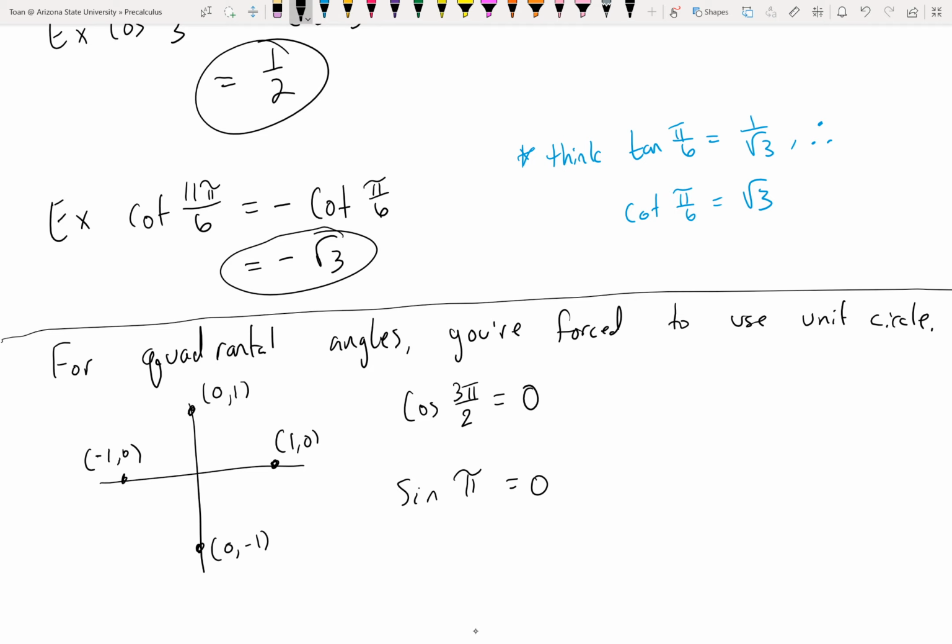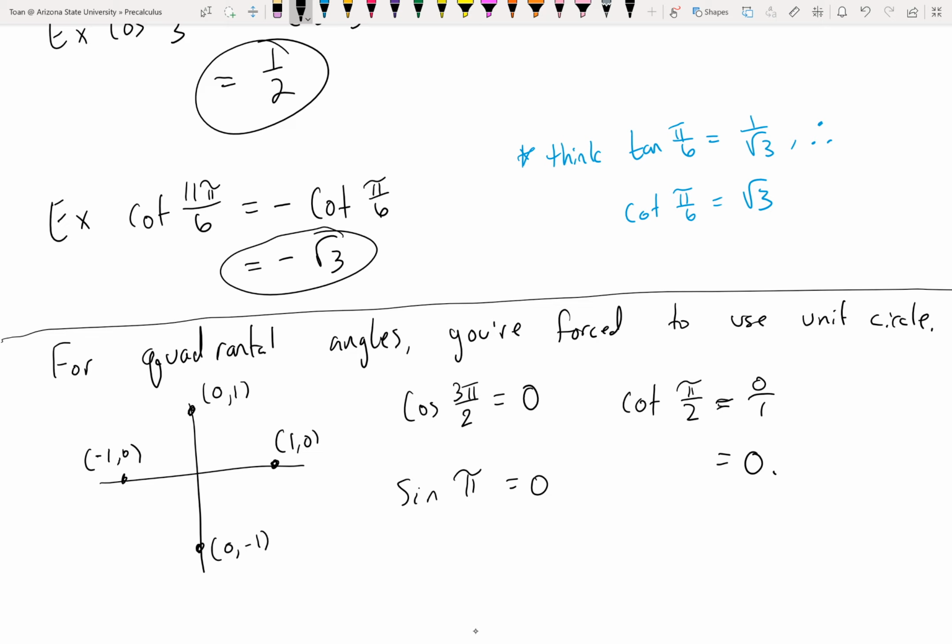I know that cotangent of pi halves, well, pi halves is right here. If tangent is y over x, cotangent is x over y. And, well, what a coincidence, I really suck at coming up with examples. That's also going to be 0. Just my luck. It's not always going to be 0, but that's just what happens here.